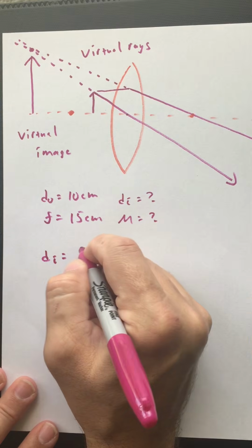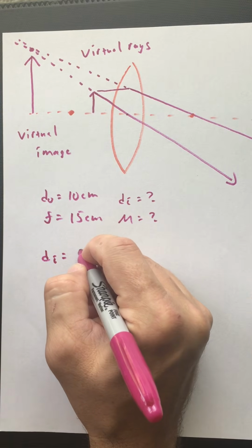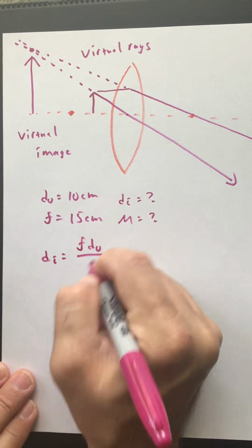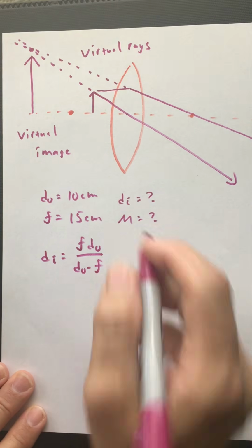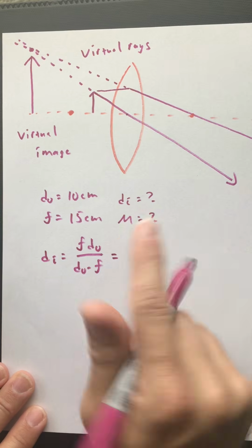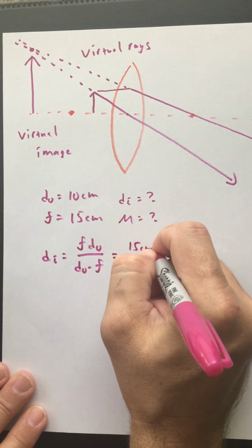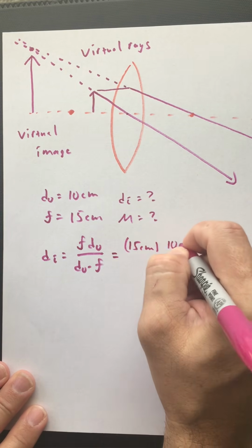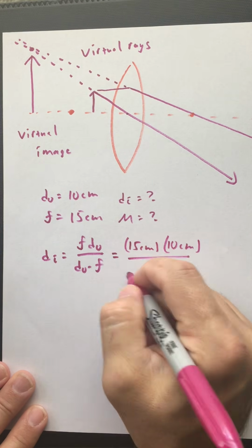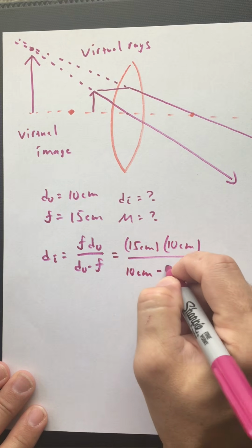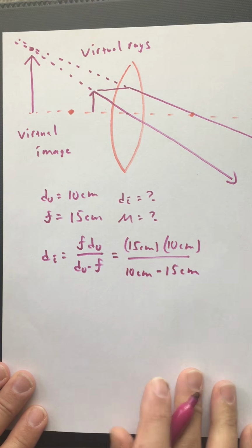D to the image is equal to F DO over DO minus F. In this case, that is F DO. I'll get 15 centimeters times 10 centimeters divided by 10 centimeters minus 15 centimeters.